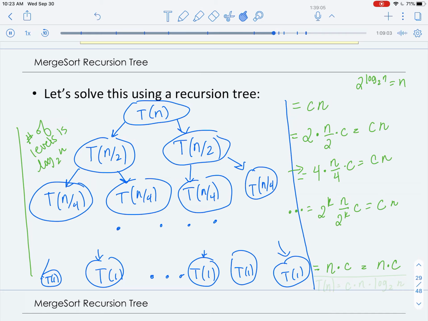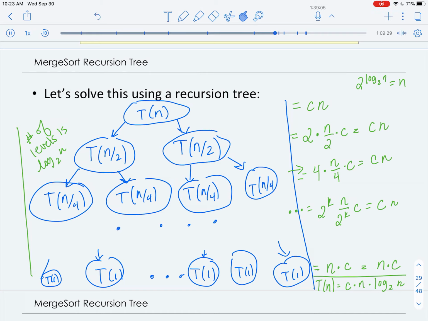So what do we have to do? We notice that each of the levels takes cn work, and there are log n levels. So the total is going to be c times n times log base 2 of n.